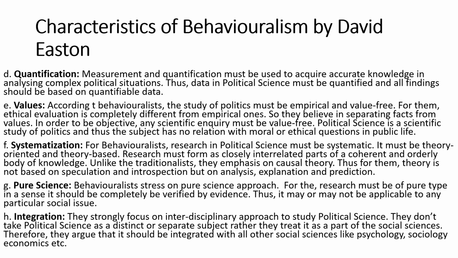Number 6, systematization. For behavioral thinkers, research in political science must be systematic. It must be theory-oriented and theory-based. Research must form as closely interrelated parts of a coherent and orderly body of knowledge.